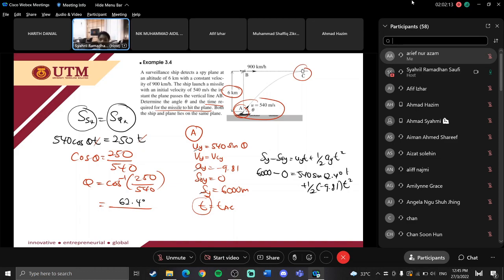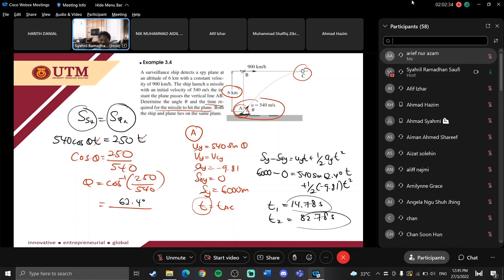So here you have t. You can refer to this example. The answer is t equal to 14.78 seconds, and t2 is 82.78 seconds. You have two times here.